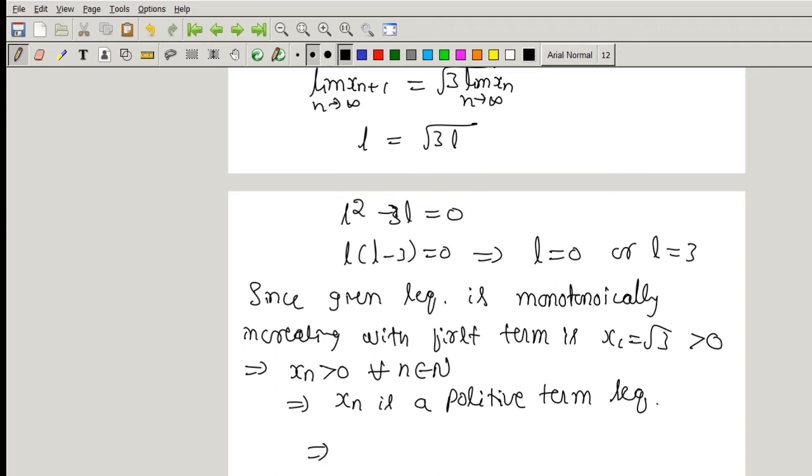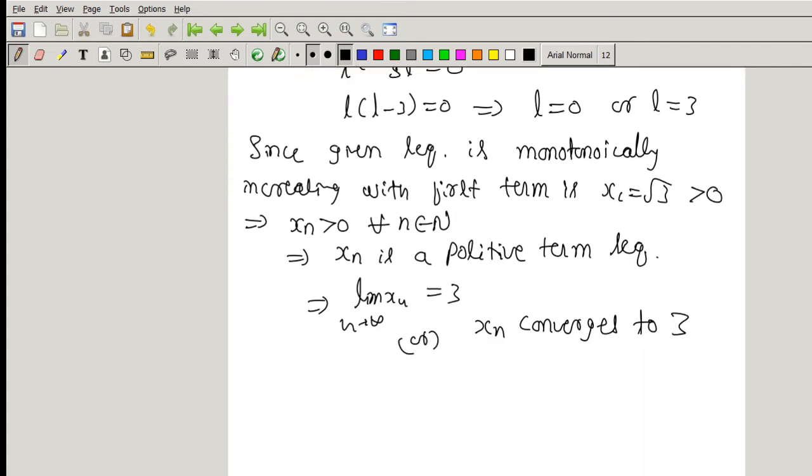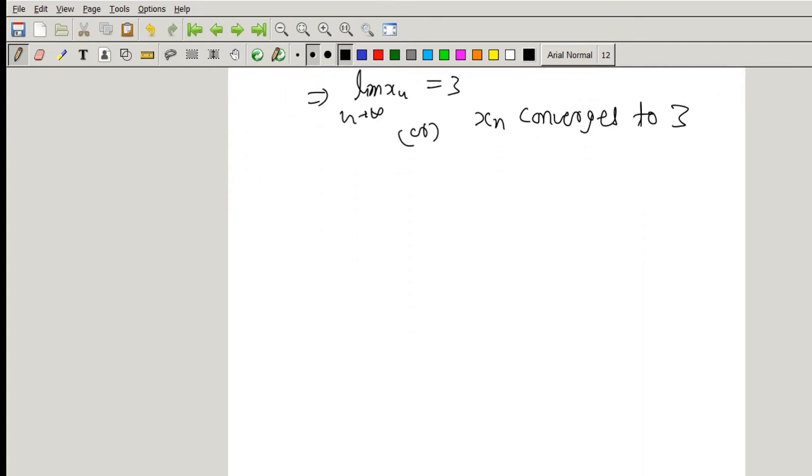Hence the limit of xn as n tends to infinity is 3, or xn converges to 3.